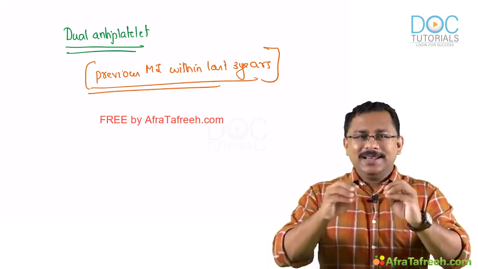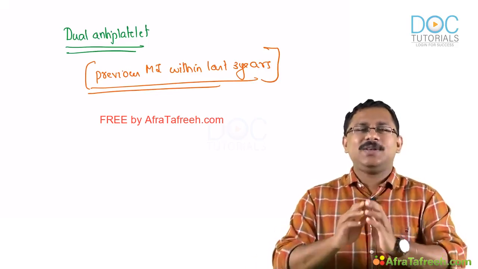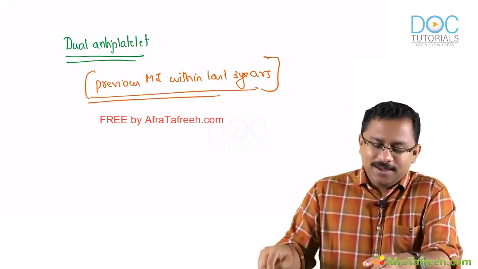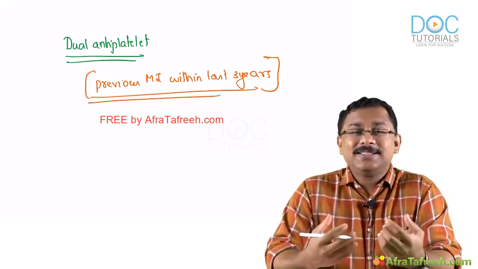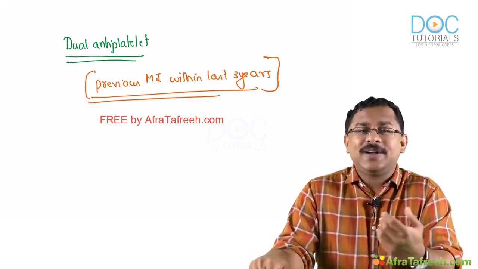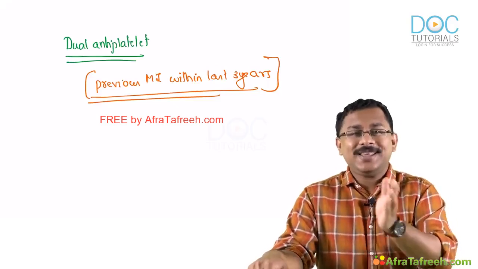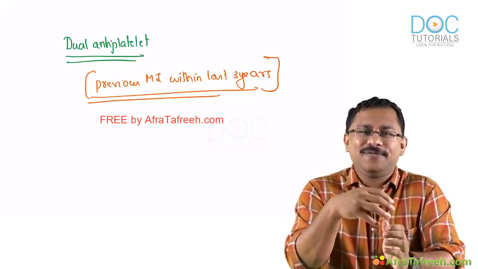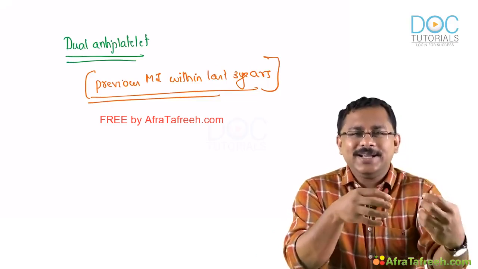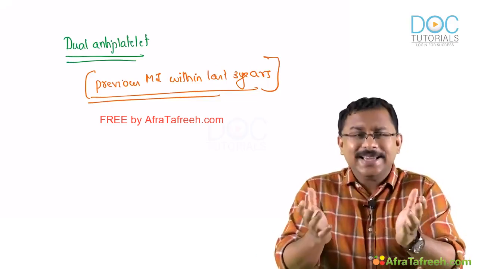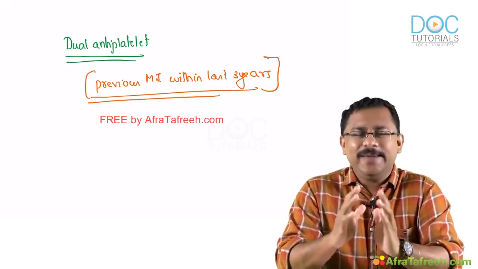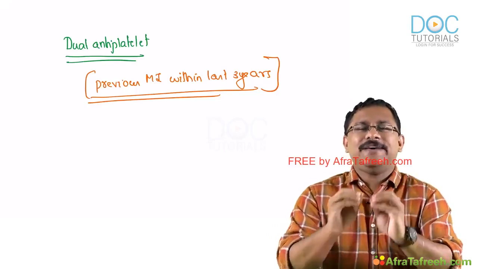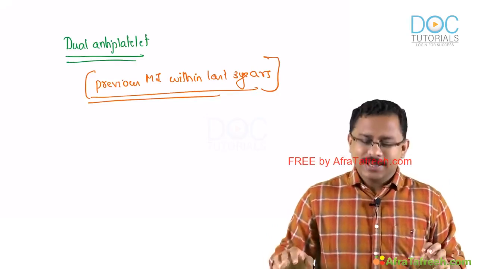Remember that in this discussion of management of chronic stable angina, my reference is mainly the European Society of Cardiology guidelines for the cutoffs, because there are different guidelines for this management of chronic stable angina. The basic essence of most of the guidelines are same, but for the cutoffs definitely there are variations.